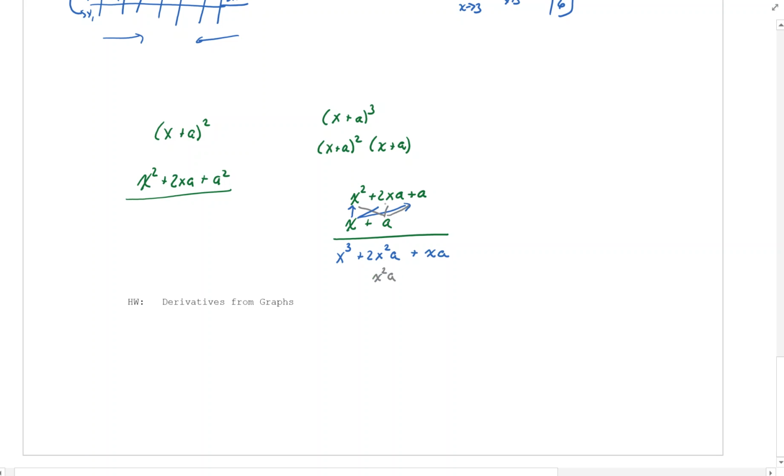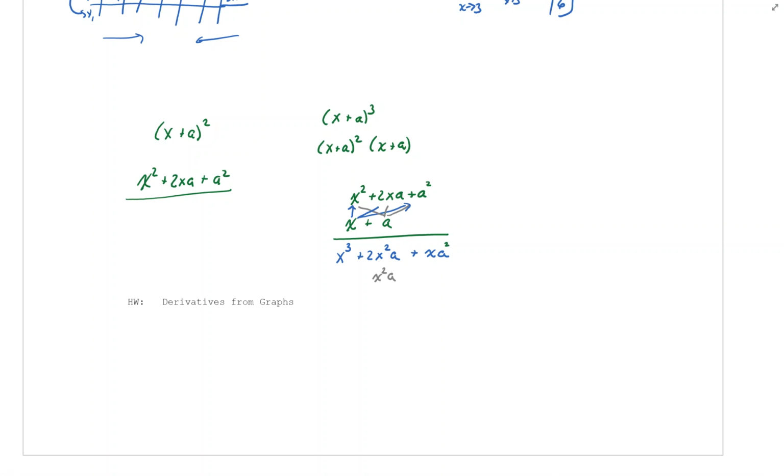The a times 2xa is 2x a squared, which is... okay, so hopefully you figured out where I messed up, that this was supposed to have been an a squared, which would have made this an a squared.